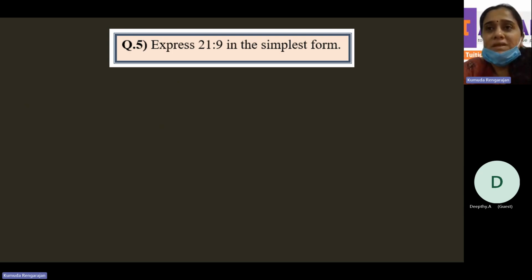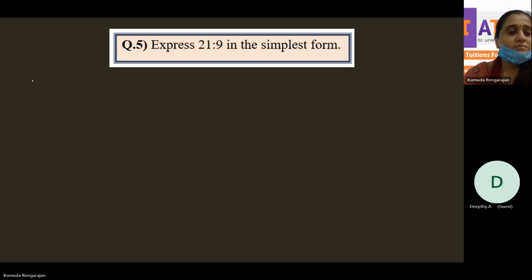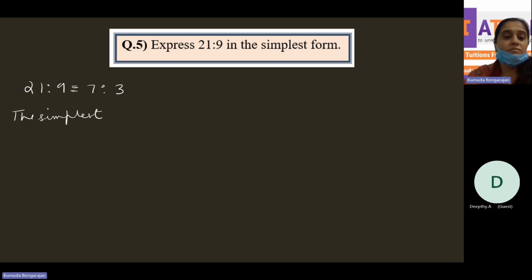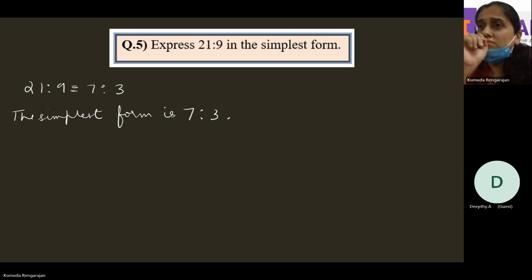How do you put this in the simplest form? Ma'am, 7:3. Very good. Yes. Very good.